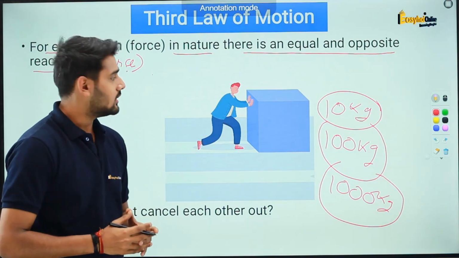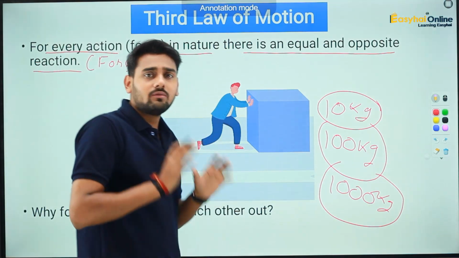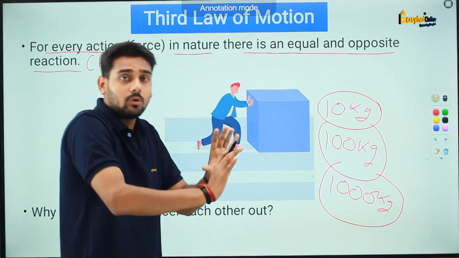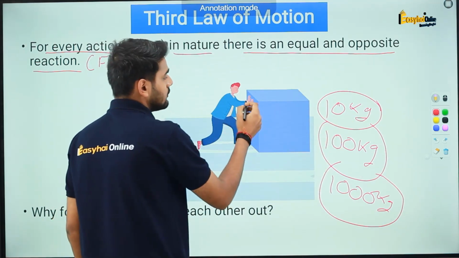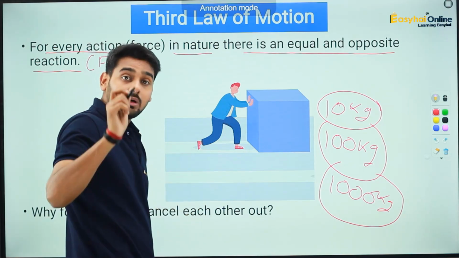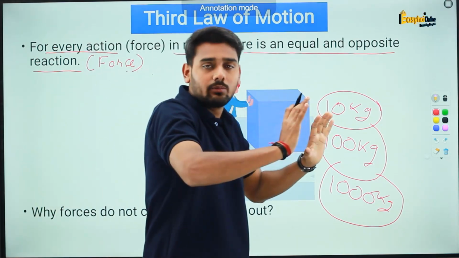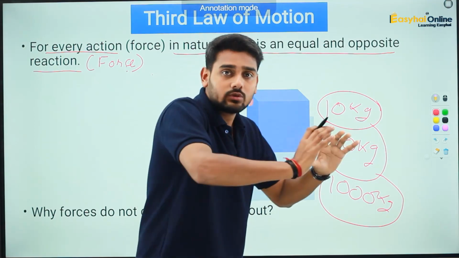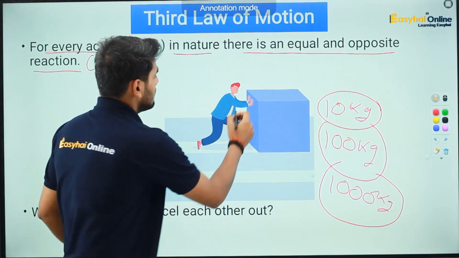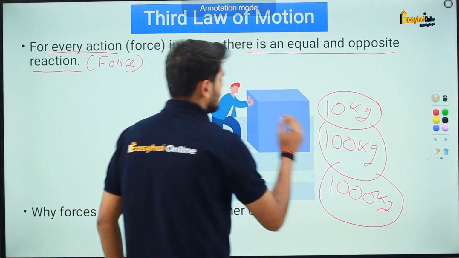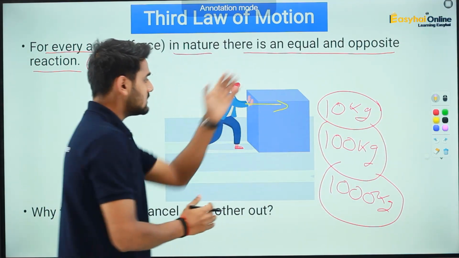No. But remember, initially when he was applying some force, the box was able to move, and when the box is very heavy, he is applying the force, but now the box is not moving. But it is possible that when he starts to apply force, because of that force, his own body moves backwards. But look at this: the direction of force being applied is in the forward direction.